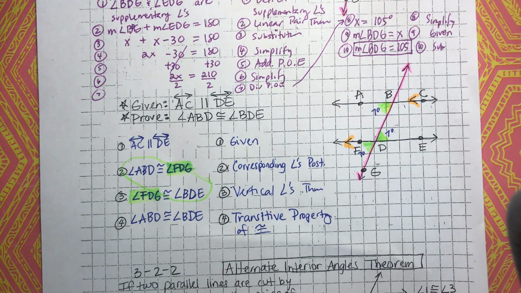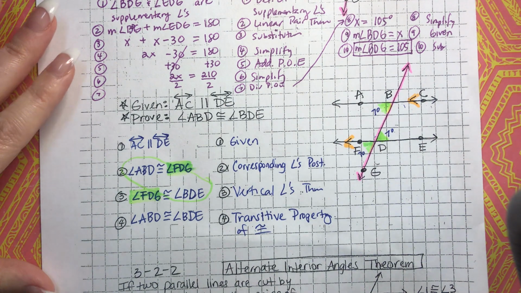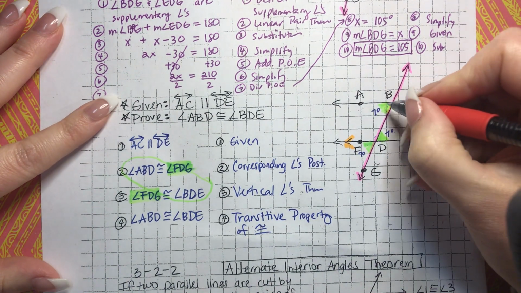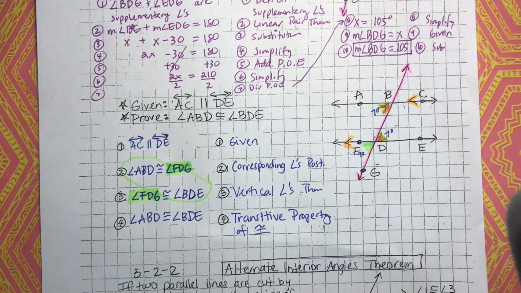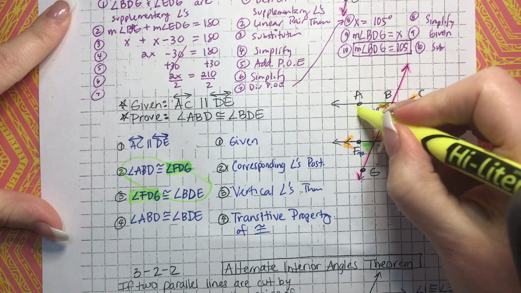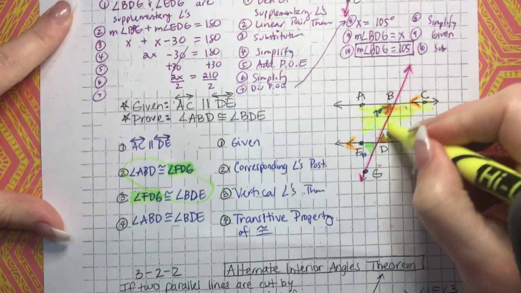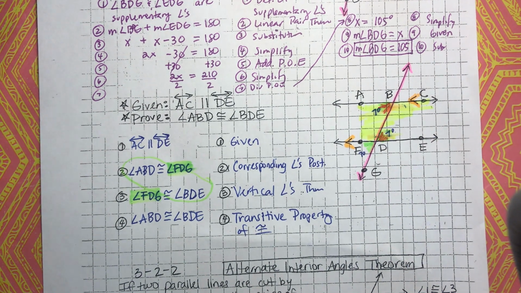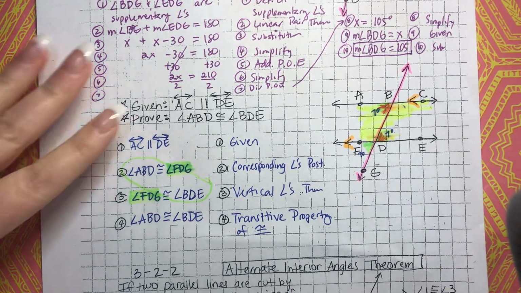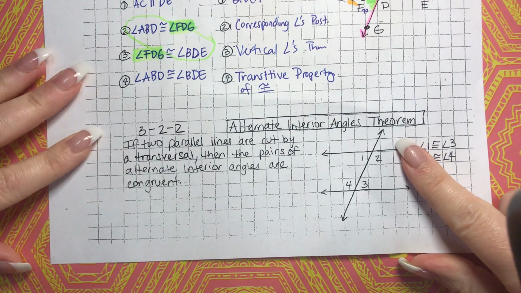Well, let's look at these two angles. What are these two angles? So remember the two angles that we were trying to prove was this angle right here and this angle right here. And if you look at them, they are actually both interior angles, right? And they're alternate. These are alternate interior angles. So that leads us to the next theorem, the alternate interior angles theorem.